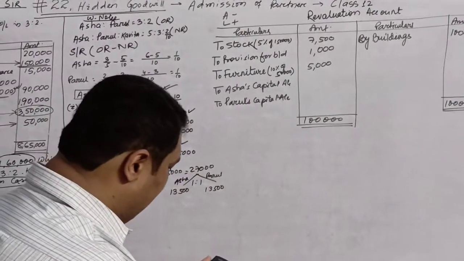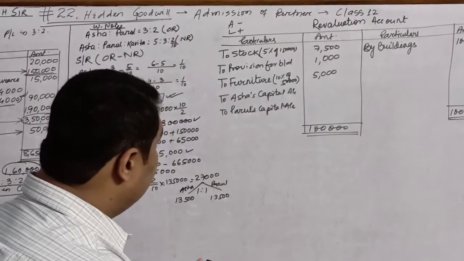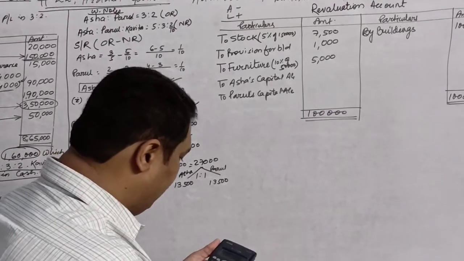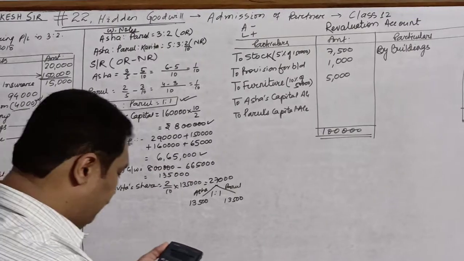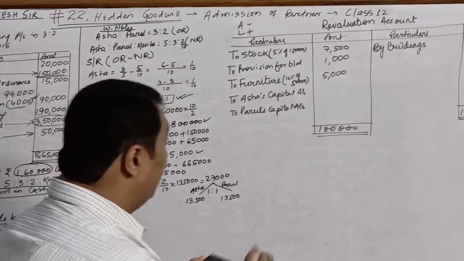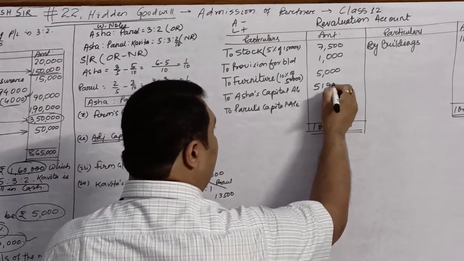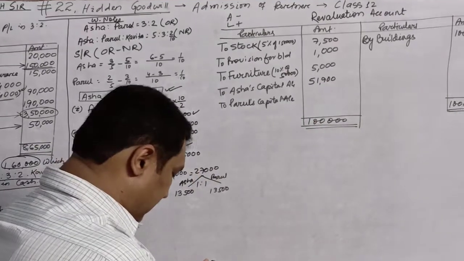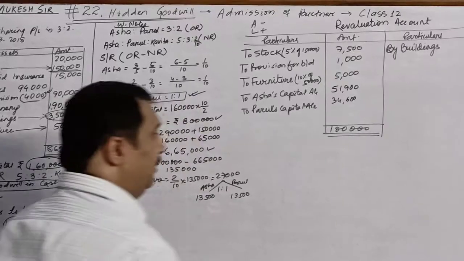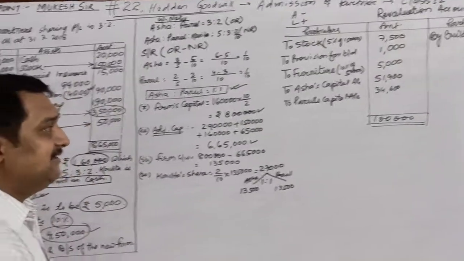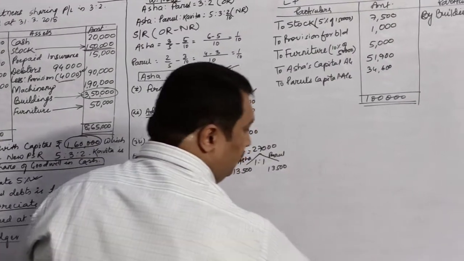The balance will be 1 lakh minus 13,500, that is, 7,500 plus 5,000 plus 1,000. Balance is 86,500 divided by 5 into 3. It is 51,900 for Asha and 34,600 for Parul.